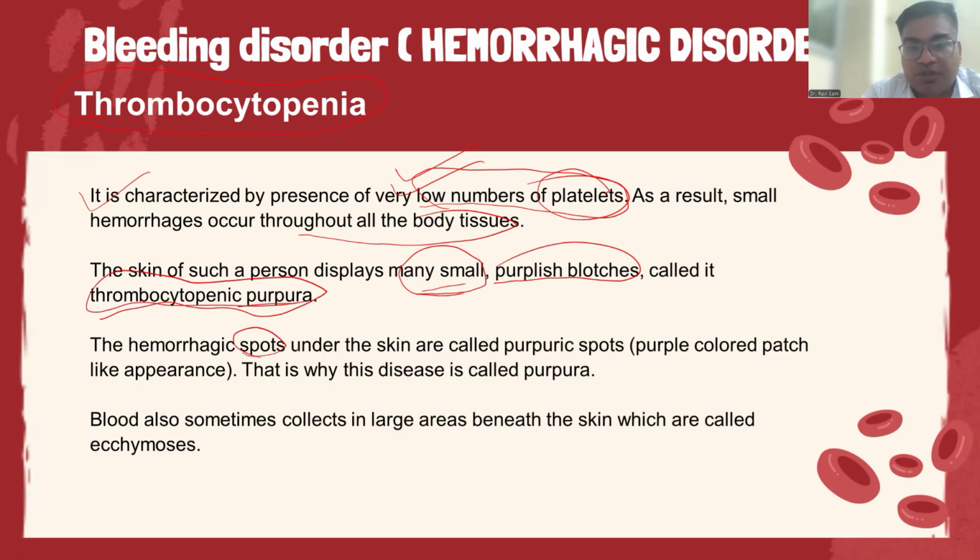These hemorrhagic spots under the skin are called purpuric spots because they are purple colored patches. That's why this disease is called purpura. Blood also sometimes collects in large areas beneath the skin, which are called ecchymosis.